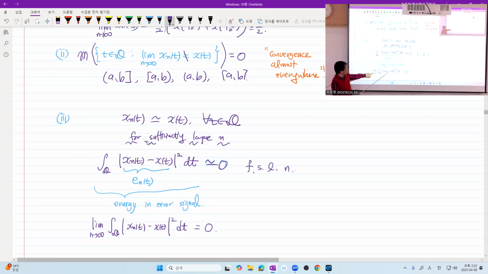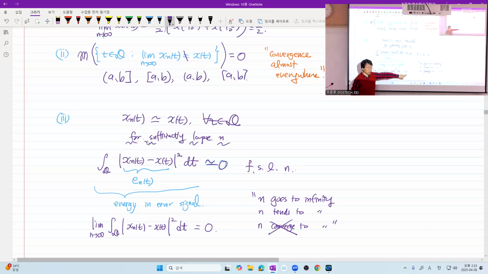And this sequence of real numbers, we want to converge to 0 as n tends to infinity. By the way, n goes to infinity. Some people love it, n tends to infinity. Some people say n converges to infinity. It means the same thing, right? And this real number sequence converges to 0.